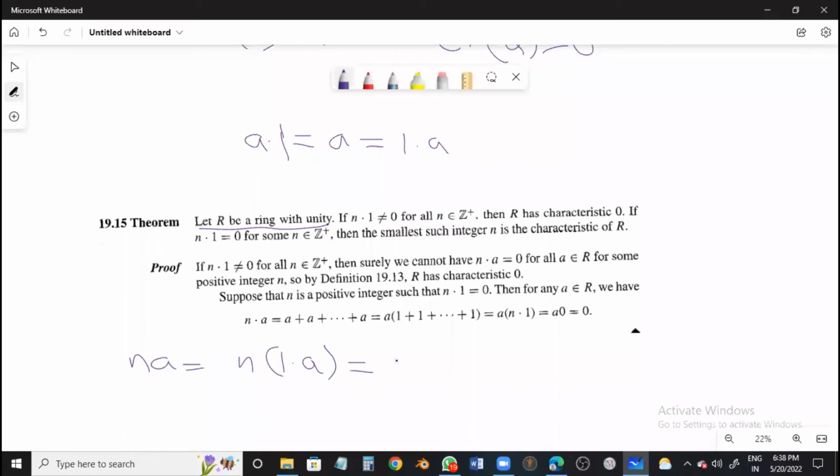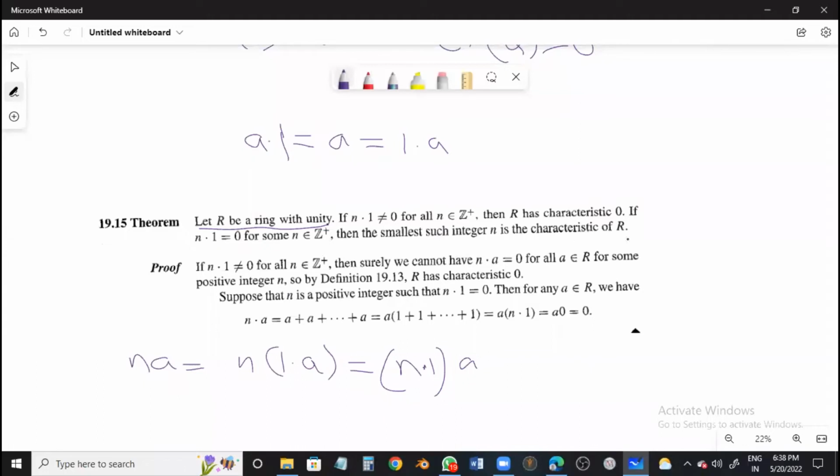So here you can have, by associativity, n into 1 multiplied by a. Do you follow me? I repeat my statement. Since 1 is the unity of that ring, I can write every element a as either a into 1 or 1 into a as per my need.